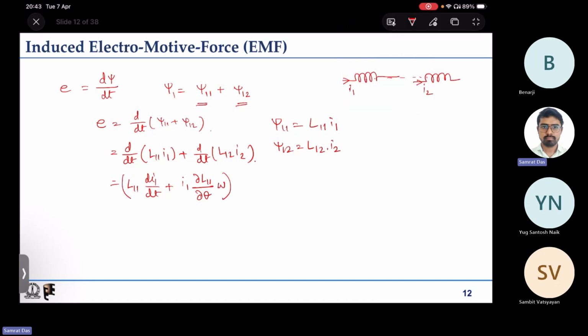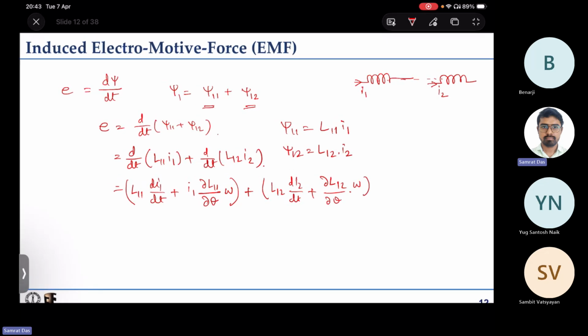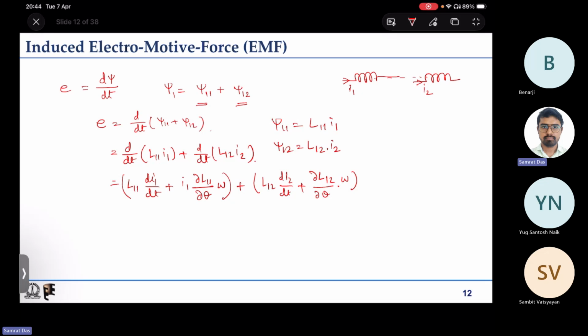This is due to the first term, and similarly the second term gives, first considering the mutual inductance to be constant, L12 di2/dt, plus again the partial differentiation of mutual inductance with position, multiplied by omega and I2. So these are the two terms, and we just rearranged it.